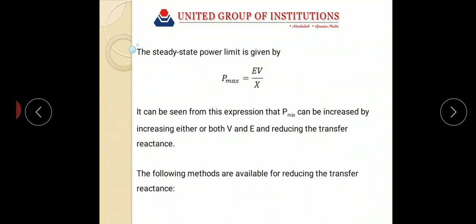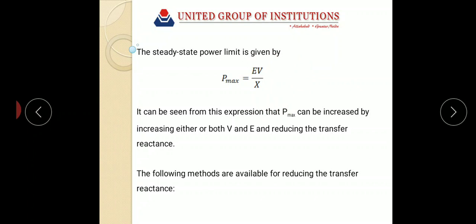Okay, so here the steady state power limit, as you see, is Pmax equal to EV by X. This is the steady state power limit. As you remember, PE is equal to EV by X sine delta, the power angle equation. In this equation, EV by X is the value of Pmax.